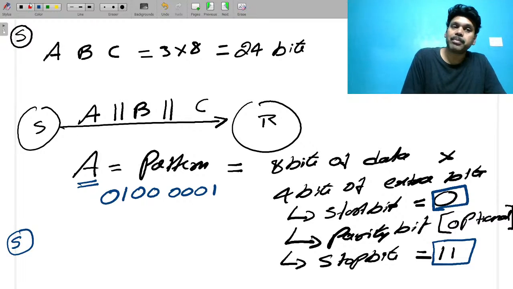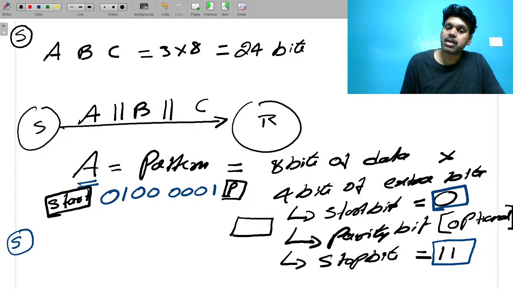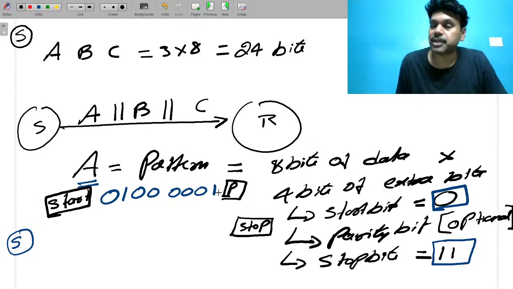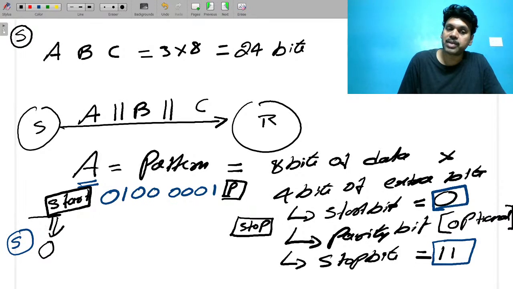I am having, first of all, the start bit, and I am having a parity bit, and I am also having stop bits. So all together it is called a pattern. Now the sender releases the data in such a way: start bit is 0 and then the remaining data bits. So I pull from high to low, that's why I kept 0.